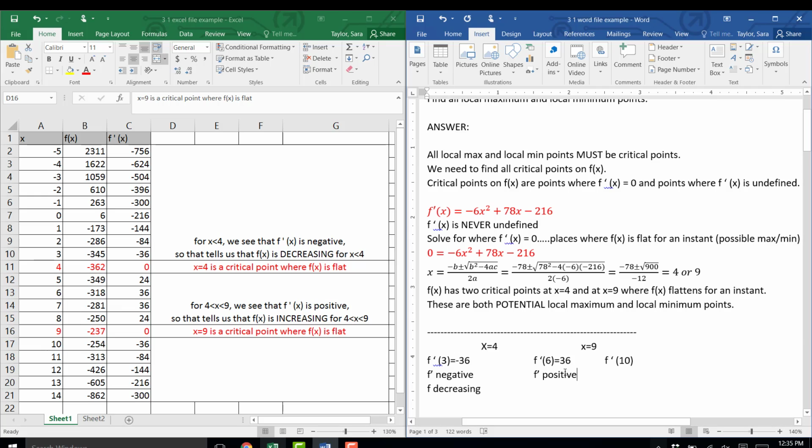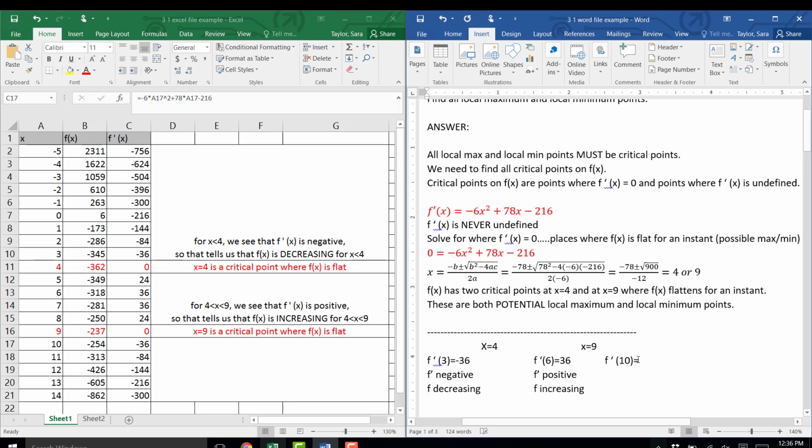So again, over here on my Word file, f prime of 6 is 36. On that entire interval, f prime is positive. So on that entire interval, f is increasing because f prime is positive. Then we check this last interval, the interval for the x's above 9. Again, we go back to the Excel file. F prime of 10 is negative 36.